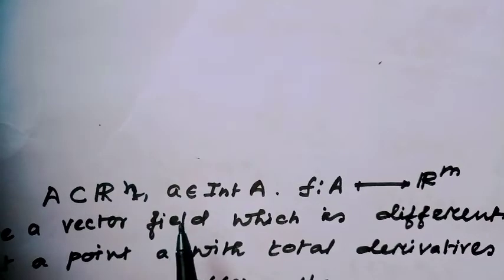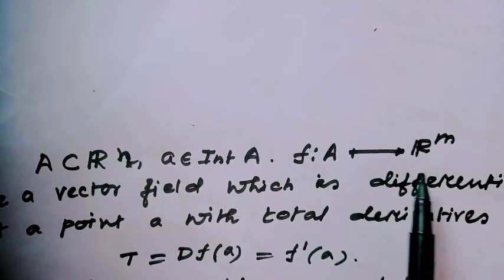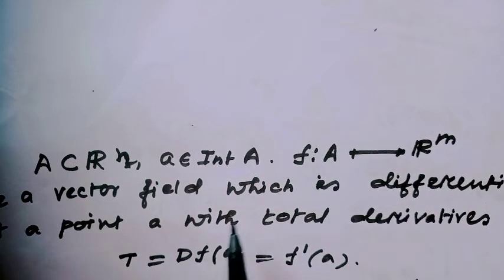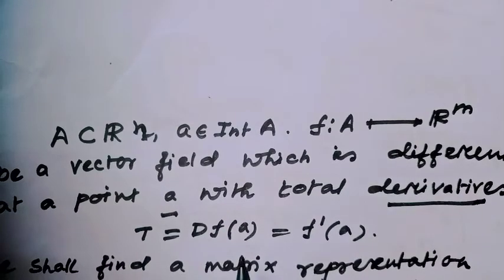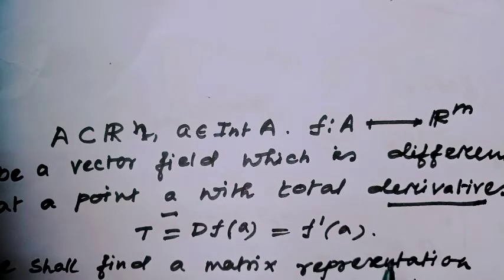So consider a belongs to the interior of A, and consider a function f from A to R^m, a vector field which is differentiable at the point a with total derivative T equal to df(a) equal to f prime(a).